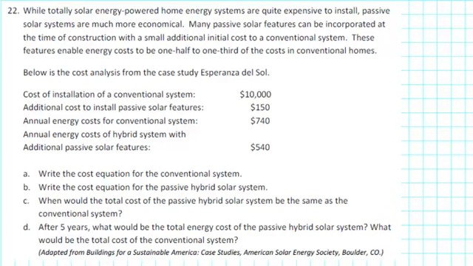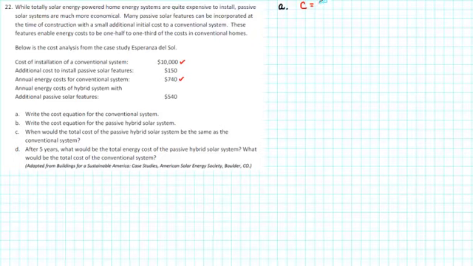So we have the initial cost of $10,000 plus the variable cost of $740 per year. So our equation will be C is equal to the fixed cost, which is $10,000, plus the variable cost, which is $740, multiplied by the number of years that the system has been installed.